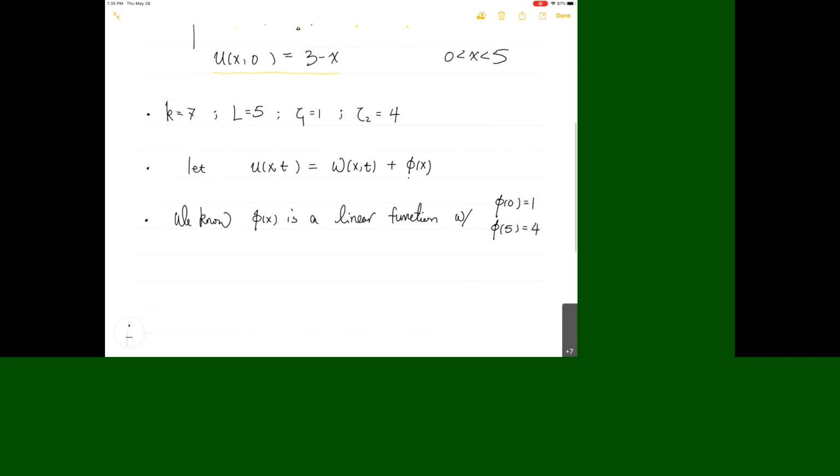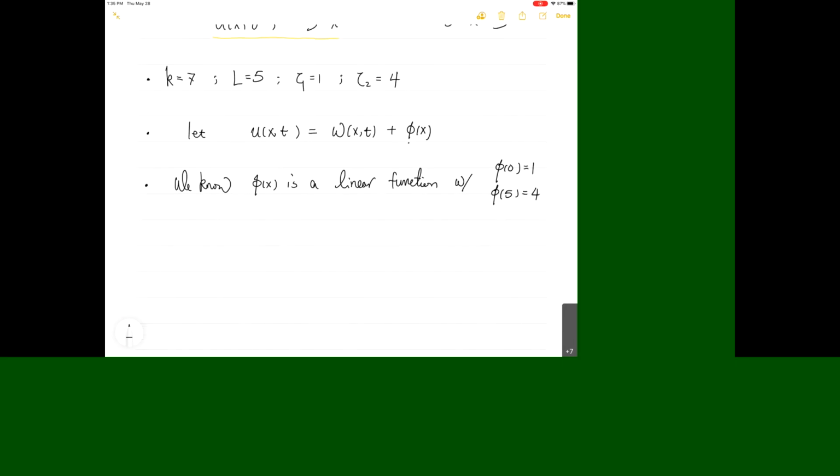So phi(x) is the function that takes care of the boundary conditions. At 0 it equals 1 and at 5 it equals 4. So it's a linear function and it takes two specific values at the two ends, and we're able to solve for this linear function.